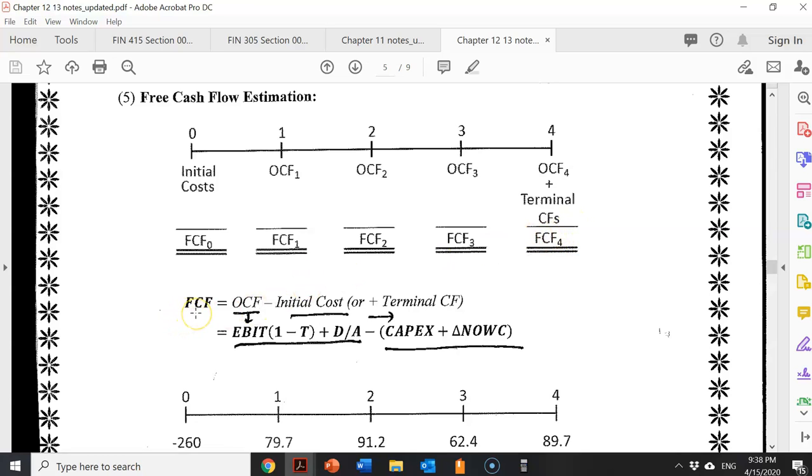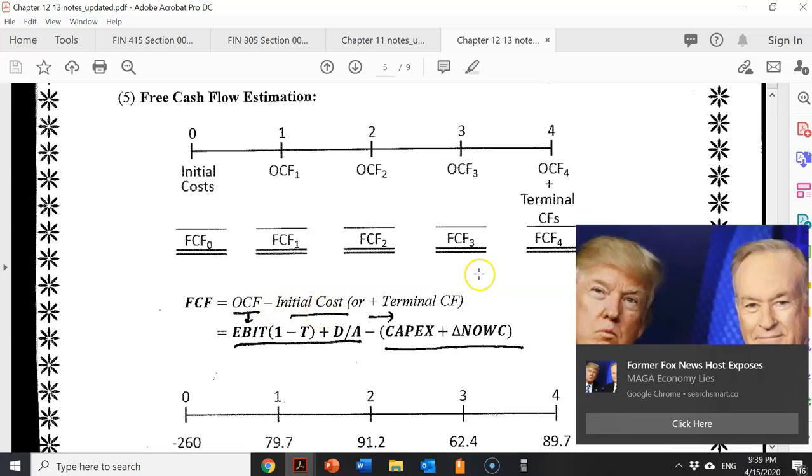So the comprehensive formula for free cash flow could actually be operating cash flow minus initial cost, or plus terminal cash flow. Because during the project, free cash flow is just OCF. In the beginning of the project, it is minus initial cost.